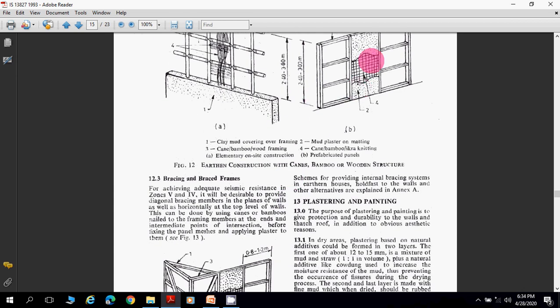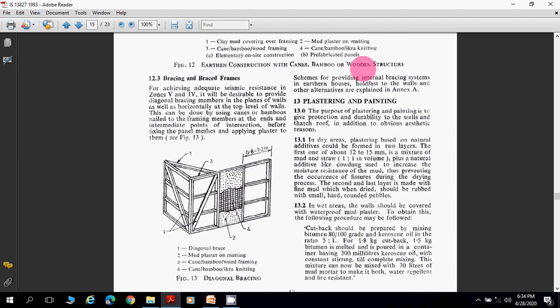Now this is how the plastering is to be applied: after construction and matching of the wood and cane, the plaster is applied. Number 2 is the mud plaster on a matting, and number 4 is the cane or bamboo matting or mesh.